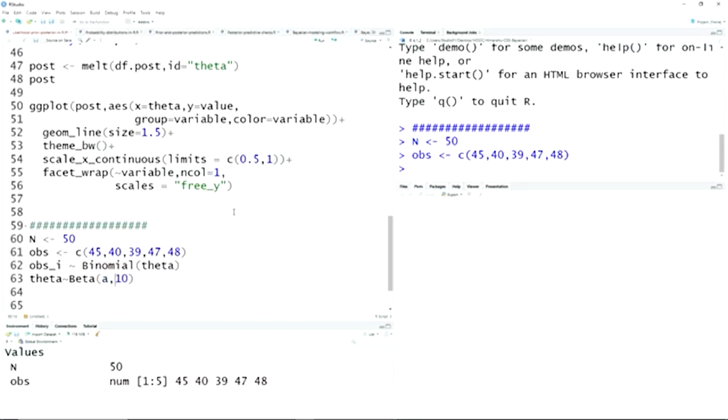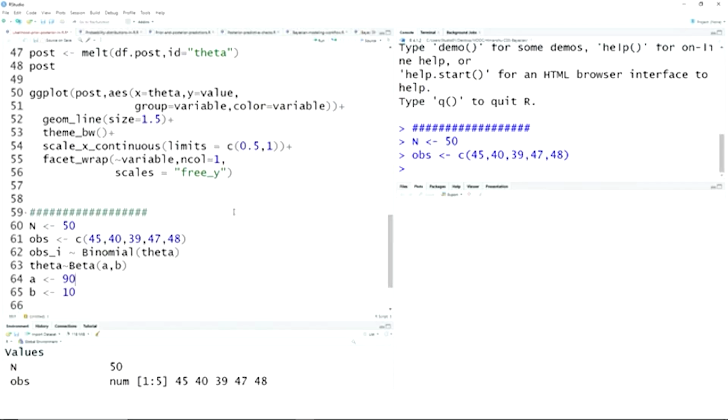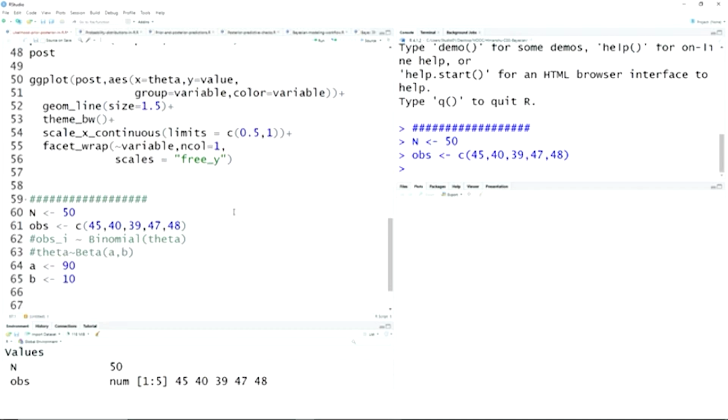So I will write it as A and B, where A is equal to 90, B is equal to 10. So these are basically shape parameters of your beta prior. Okay. So let us first derive the analytical posterior, and then let us derive posterior using the grid approximation method that we have done in previous lectures, and let us compare them.